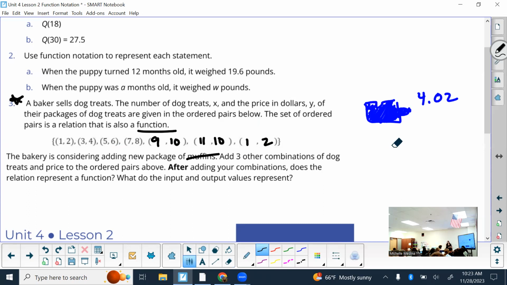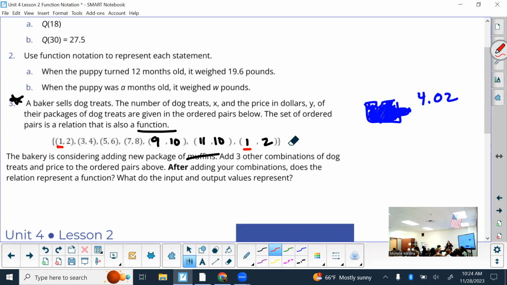Is it still a function? All right, so what repeats then for the X? Now, when I see that an X repeats, look at the Y's for that. Are these Y's the same? So it actually still is a function.